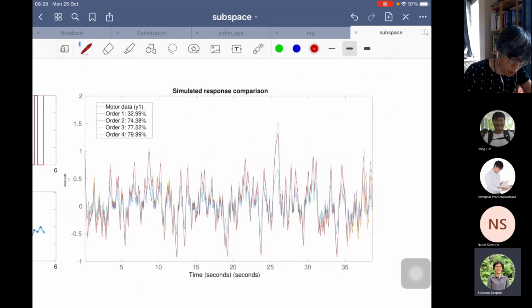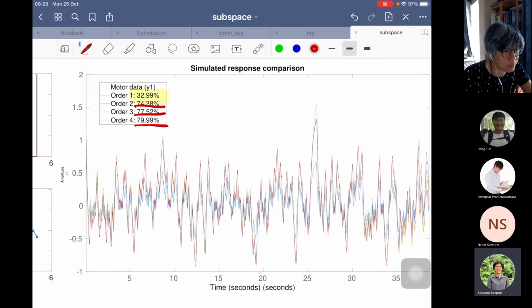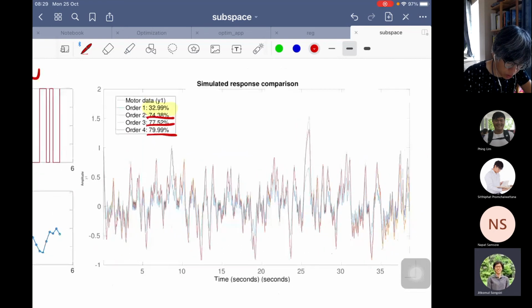For model order 1, the fit percentage is about 32. For second order, the fit increased significantly, and after that, for second order and third order, it seems to be in the same range. This is the amplitude fitting after the fitting.